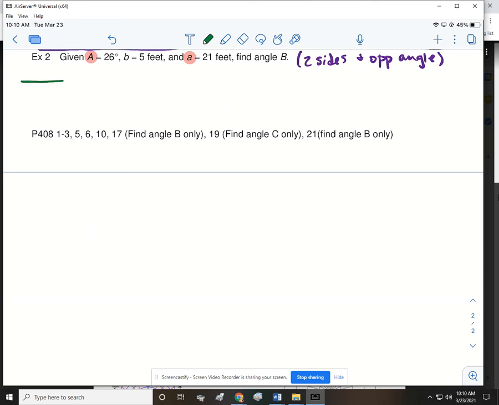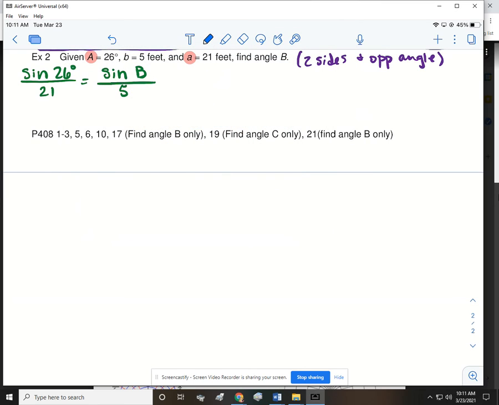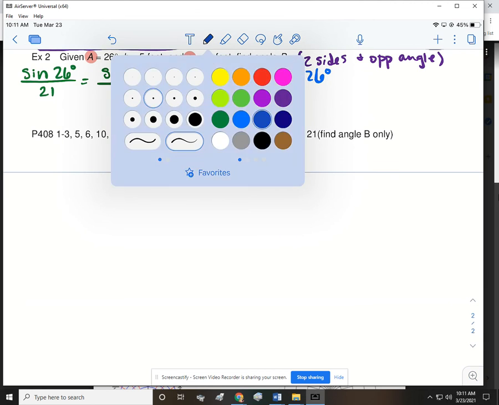I would say that sine of angle A over the length of side A is equal to the sine of angle B over the length of side B, which is 5. I'll cross multiply, and then divide by the 21.